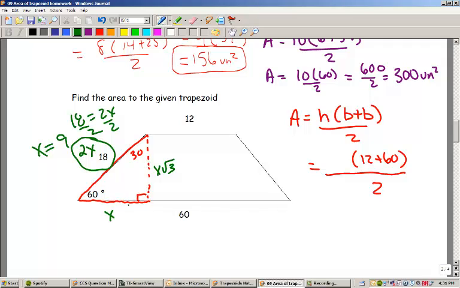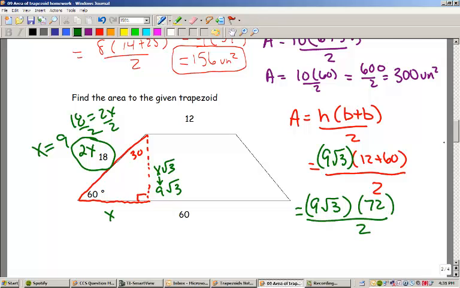Now, this piece I really don't care about right now. What I do care about is this piece is my height. So I'm going to take out the x and replace it with 9. So my height is 9 square root 3. All right, so it's a little bit different. That's good. So I got 9 root 3, and then 12 plus 60 is 72 divided by 2.